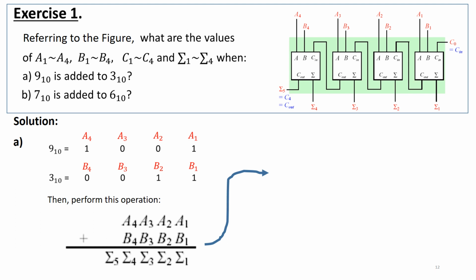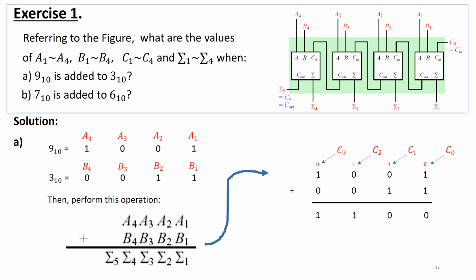Then we perform this addition operation. At first, at the LSB, we need to add a C0, which is 0, and 1 plus 1 is 0 with a carry, and that carry is C1, and 1 plus 1 is 0 with a carry, that one is C2, and 1 plus 0 is 1, and C3 is 0 because we don't have any carry from C2, and sum 4 is 1, that means the answer is 1100, right?